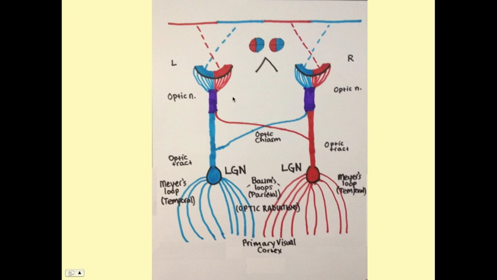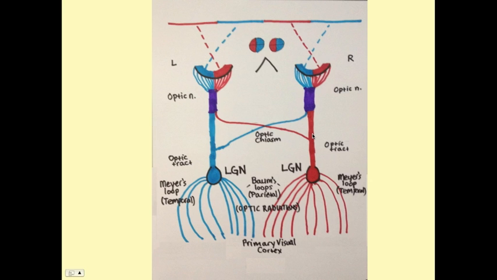Now, at a point, the information from the left visual field from the left eye and the right visual field from the right eye cross, so that on the left side of your brain, you're only carrying visual field information from the right visual fields. And on the right side of your brain, you're only carrying visual field information from the left visual fields. Okay, but before that happens, it's just the optic nerve.